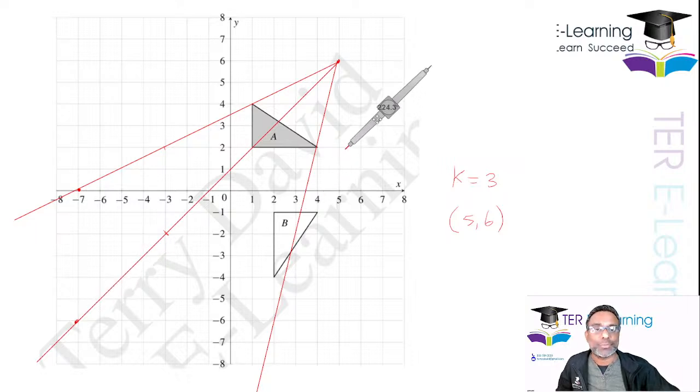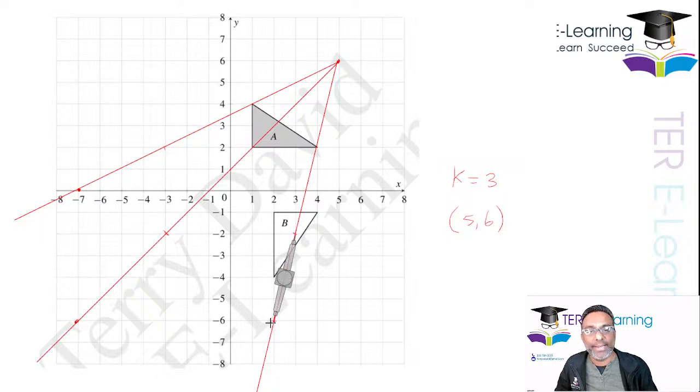We do it for the last one now. So put back your pointy part here. Let's open this now to this width here. Because the scale factor is 3, you already have 1 here, 2. Let's just mark it off, and we just need to do it one more time. And look at where it's landing.